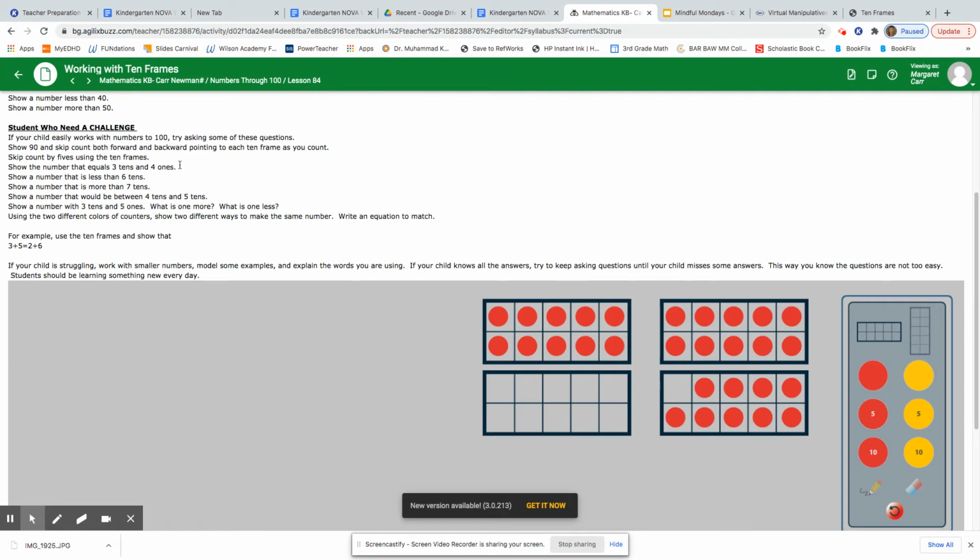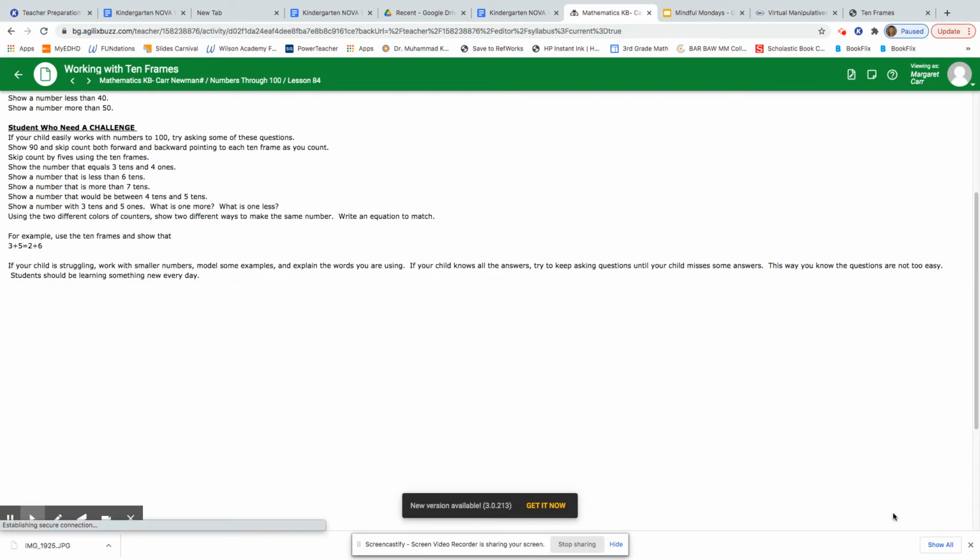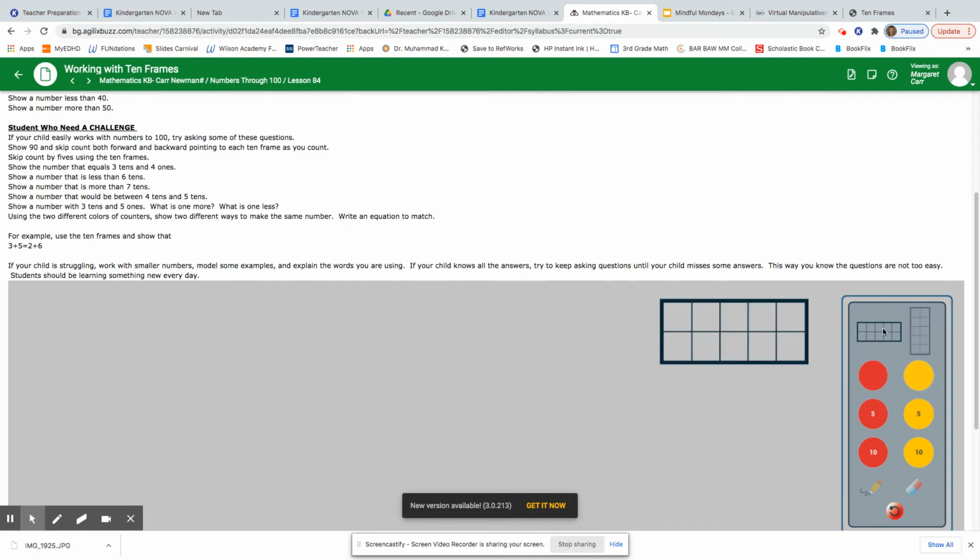Here are some examples of what you could do, and you can also use different colors to show different ways to make numbers. And there is a pencil so that if you want your child to show two different ways to make the number 7, you could have this way. And then you might also have a different way where your child has 4 and 3.